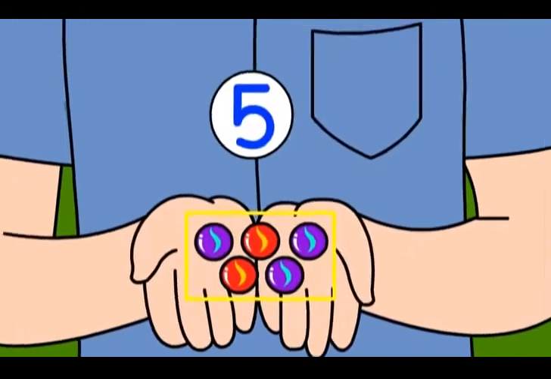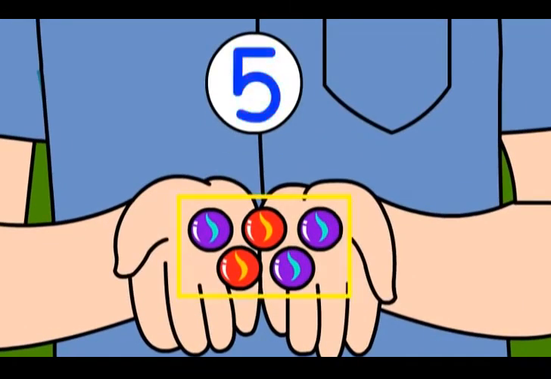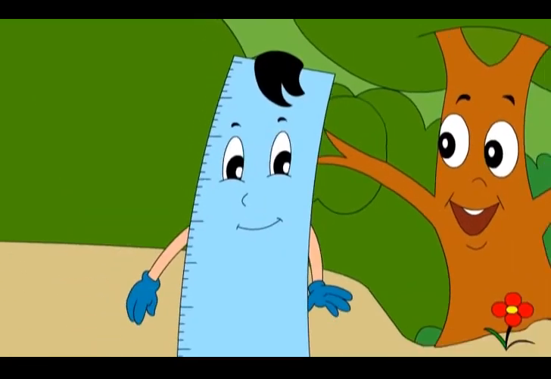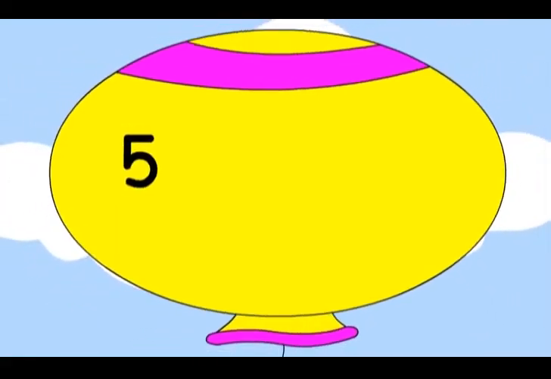Buzz, Cheenu has 5 marbles. He is not giving you a marble. So, he has 5 marbles even now. So, if you take away 0 from a number, you have the same number. I know. I can tell you. 5 minus 0 equal to 5.